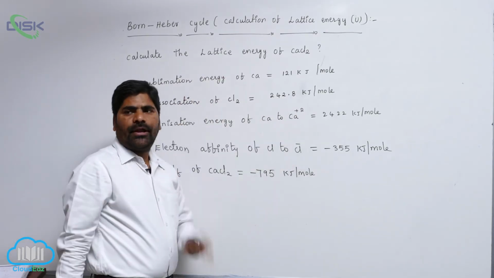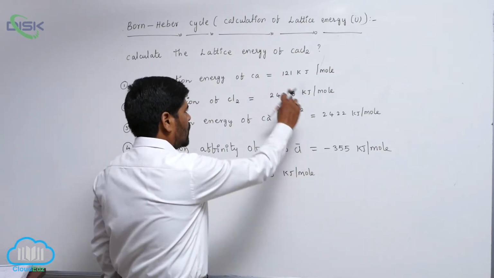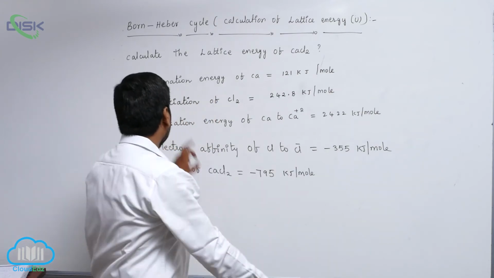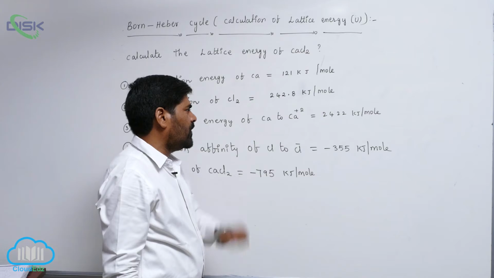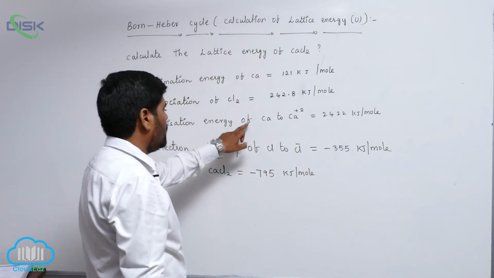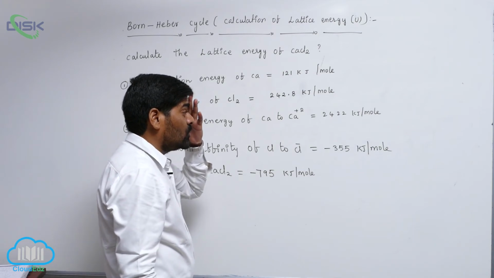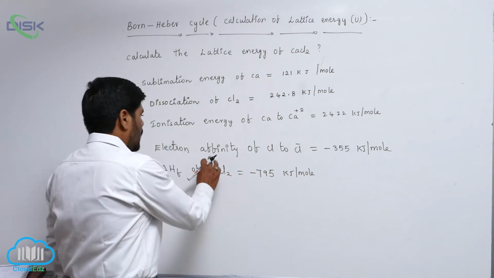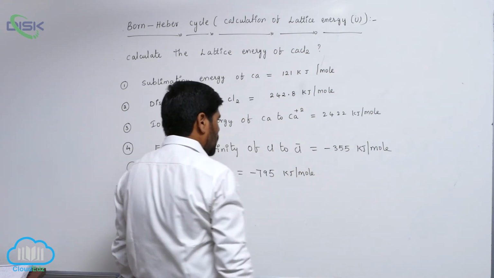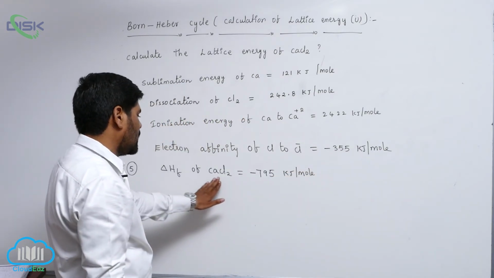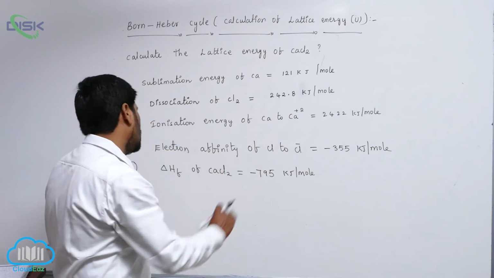I gave this particular data: sublimation energy of calcium is 121 kilojoule per mole, dissociation of chlorine equals 242.8 kilojoule per mole, ionization energy of calcium to calcium plus 2 is 2422 kilojoule per mole, electron affinity of chlorine to Cl minus is 355 kilojoule per mole, delta H of calcium chloride equals minus 790 kilojoule per mole.